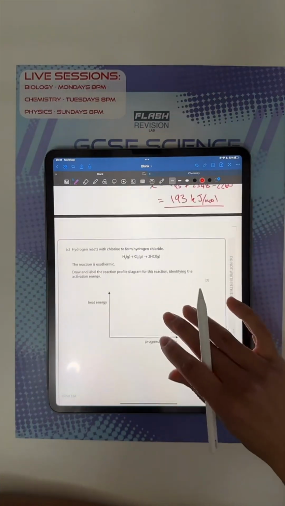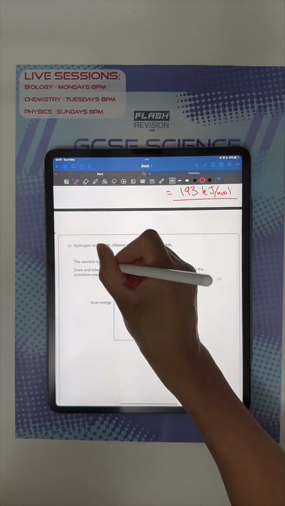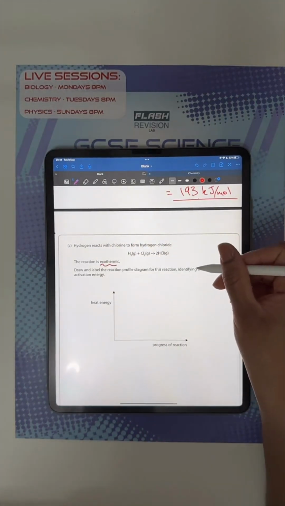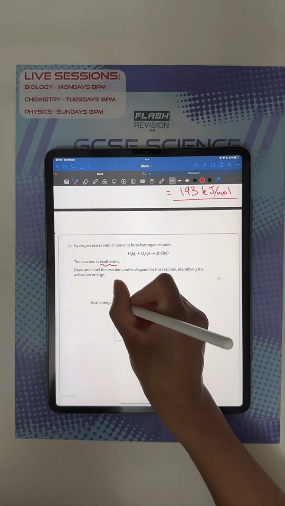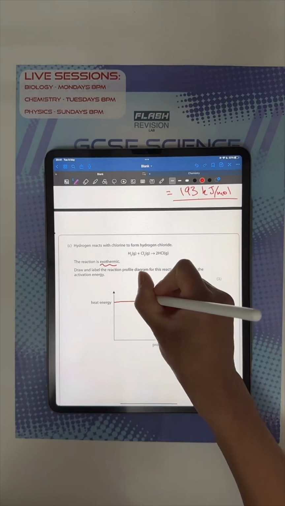Right, this one is Edexcel, but you can see it's a very similar style question. It's literally asking us to draw an exothermic reaction profile diagram, label it, and identify the activation energy. So literally the same thing. Remember, exothermic is high to low. We've got the hump.